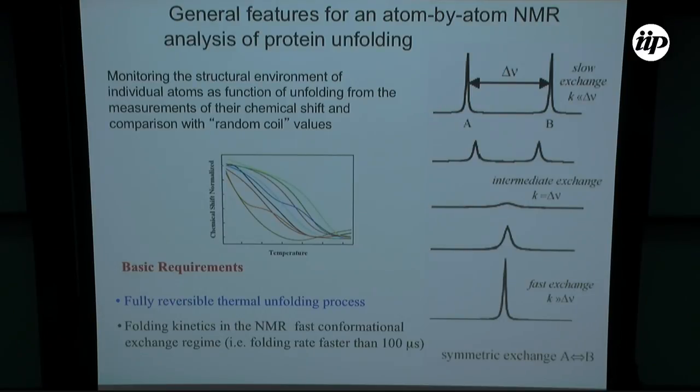And then you will be doing experiments at different temperatures, recording the NMR spectra, and then you will get the chemical shifts and compare them for the different atoms as you go along. And the way to compare them is to use a reference, which is what people call the random coil values, which are the chemical shifts that those typical atoms have when they are in a single amino acid with no context, okay?